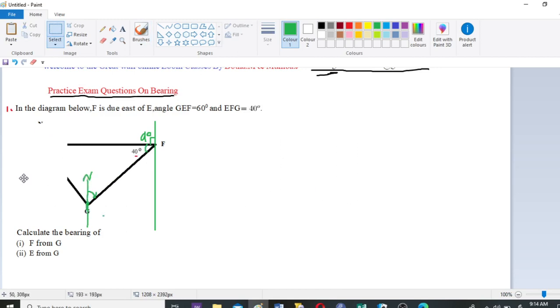Have you seen what I've done here? Ignore the other lines, you just have this line here, G and E, and then use the properties of the angles formed between two parallel lines.